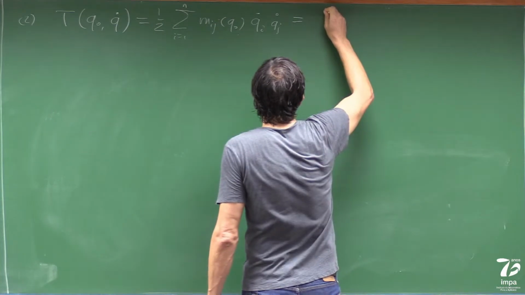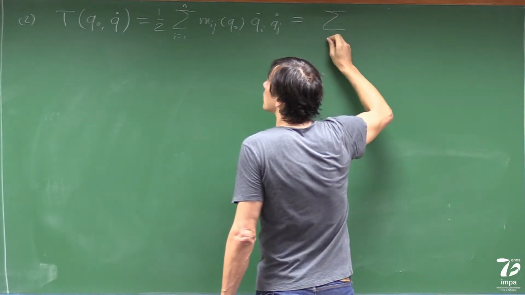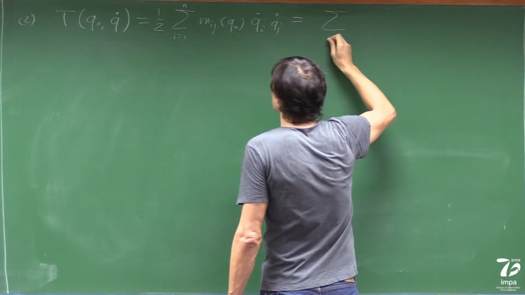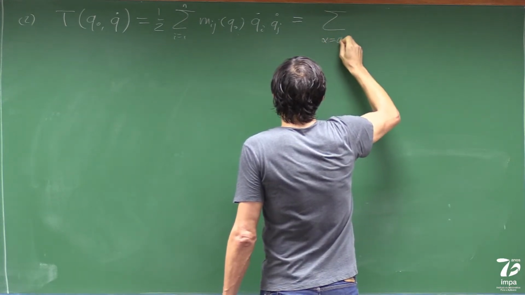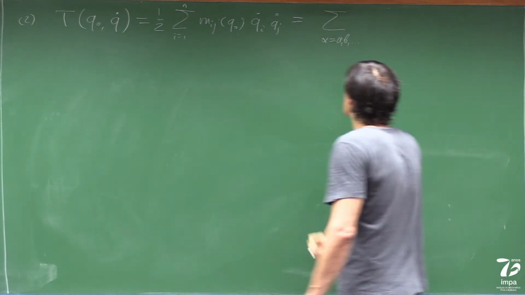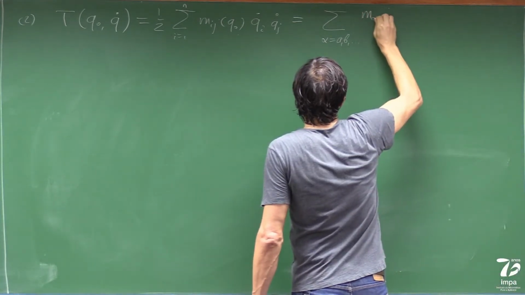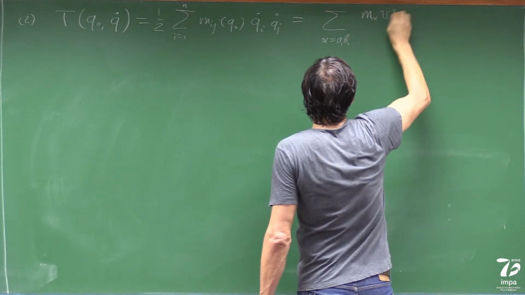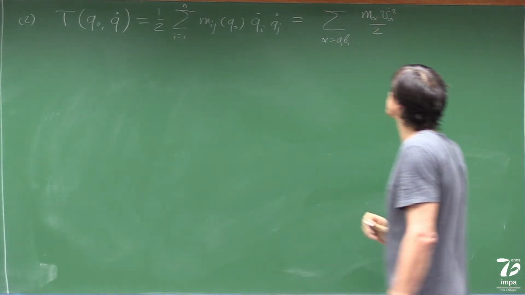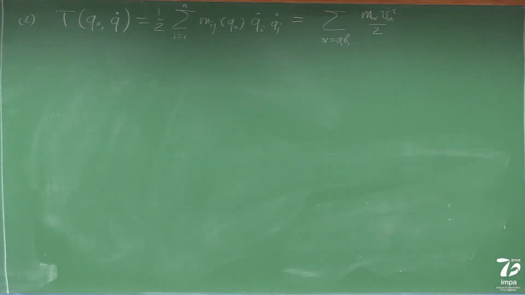So there is another expression for this. Kinetic energy is, if we take all material points which constitute our system, just the sum of their kinetic energies, right? So that's an equivalent formulation.